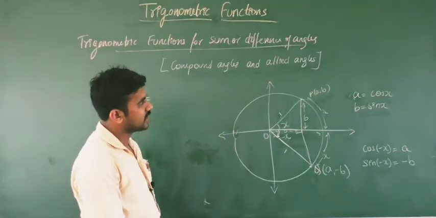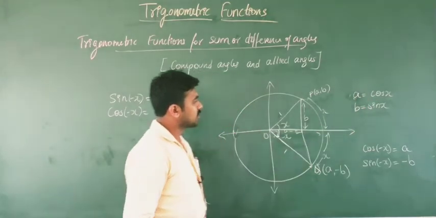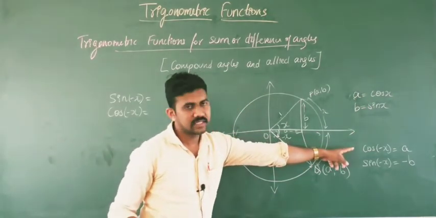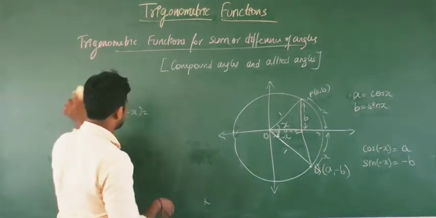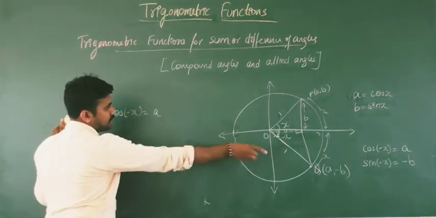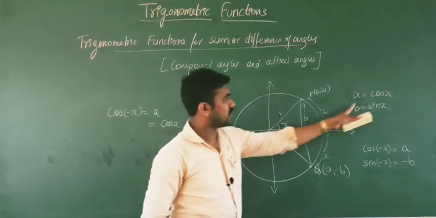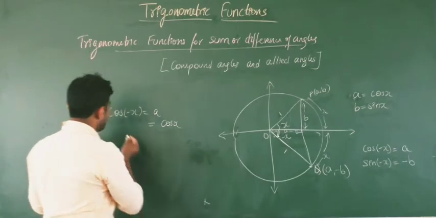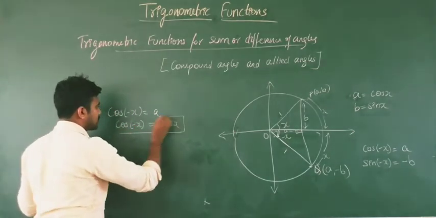Now we can equate them, because here a is nothing but cos x and here a is nothing but cos of minus x. So cos of minus x is equal to a, but a is nothing but cos x.